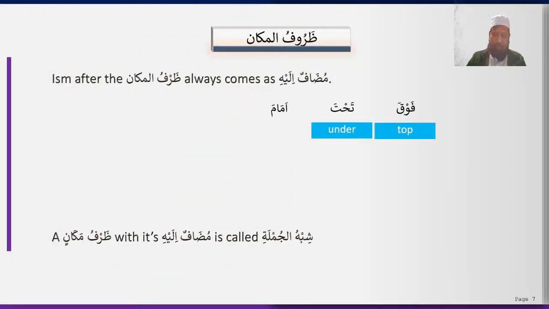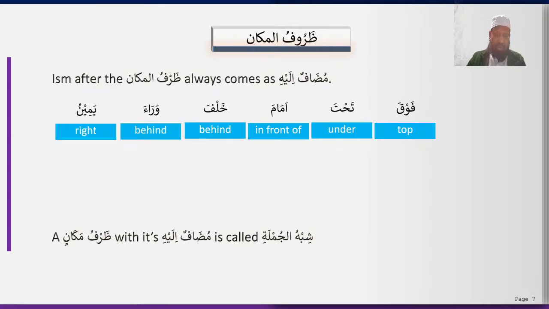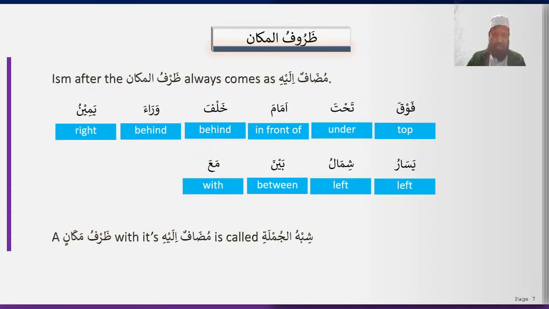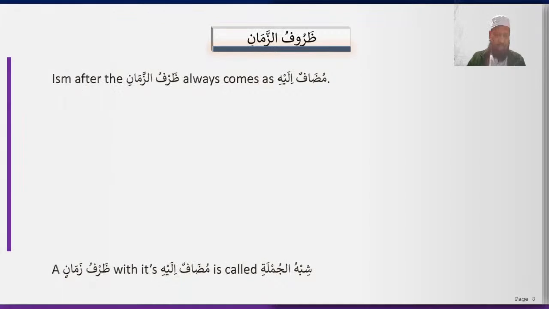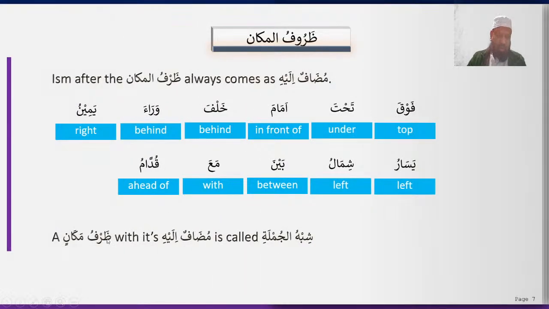So these are the ظروف المكان. Okay, ظرف مكان with اسم مضاف إليه is called شبه الجملة. But our main one is the ظرف. It's nothing to do with مضاف إليه.